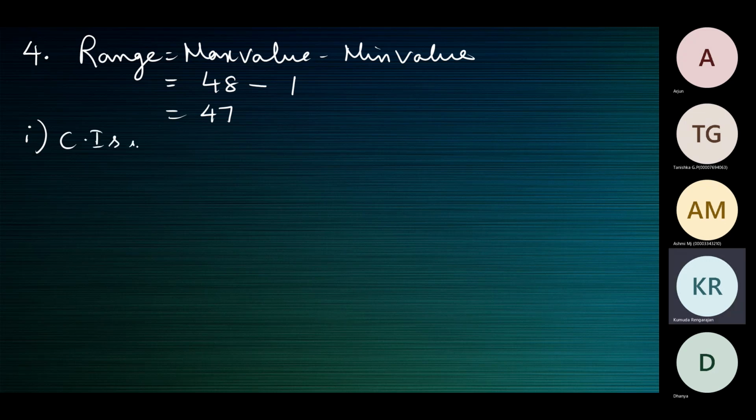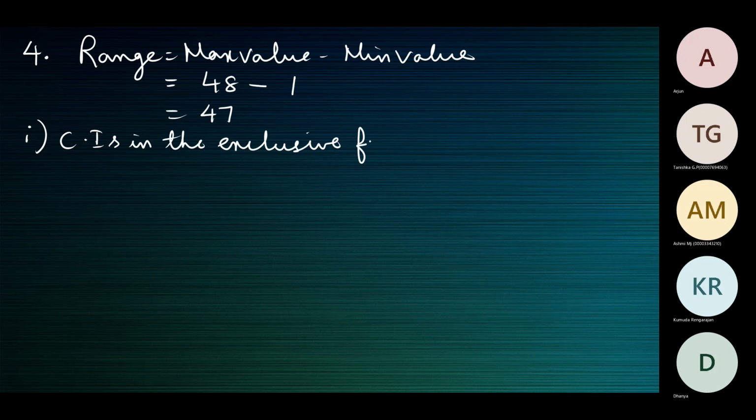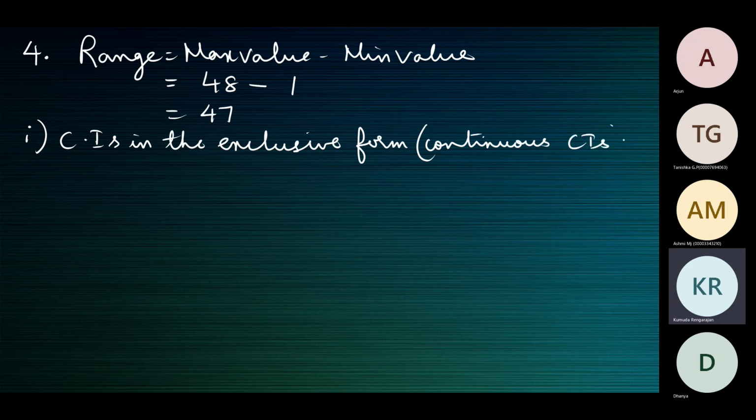So now the first one, class intervals in the exclusive form. Exclusive meaning continuous class intervals. So the minimum value is 1. You can start with 0. You can say 0 to 10, 10 to 20, or you can even start from 1, 1 to 11, 11 to 21.